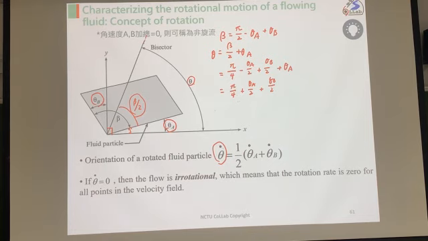So how about the theta rate? We need to have the differential with time, right? d theta, or you can say delta theta, divided by delta t, and we have the theta rate, right? Because pi over 4 is not a function of time, if we take the differential with time, it doesn't change. So we only have one half of theta A rate plus theta B rate.